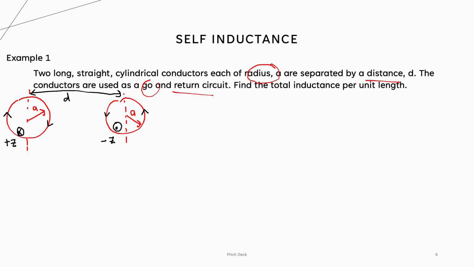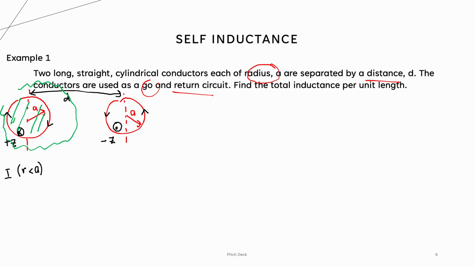So for the inductance produced, we need to consider two regions: one region inside the conductor, and another region outside of the conductor. Region number one is where R is less than a.